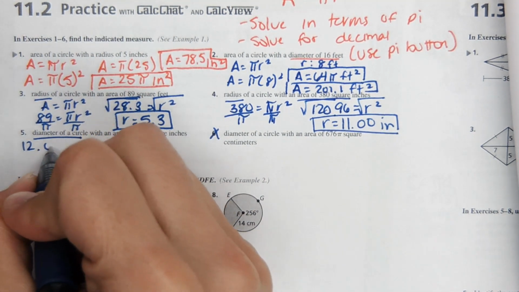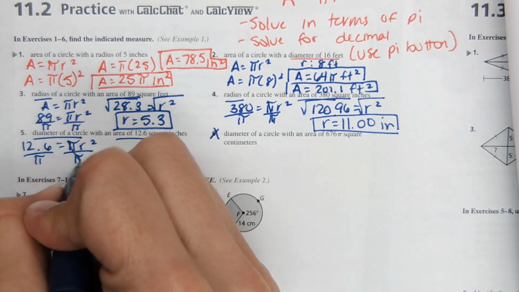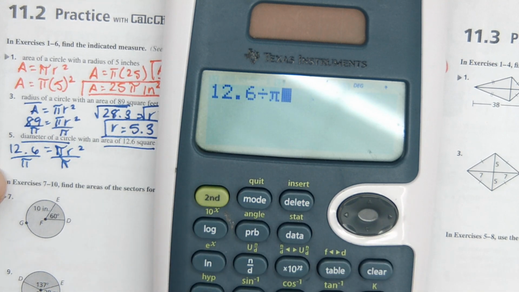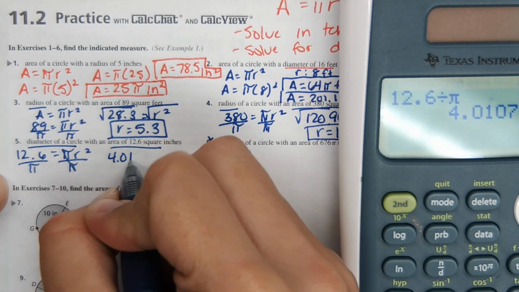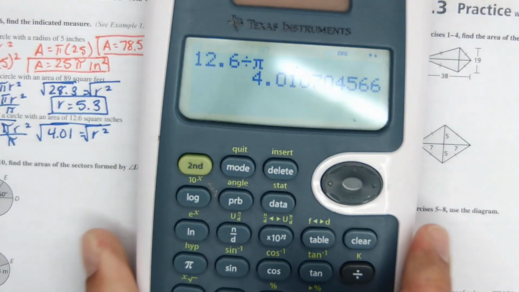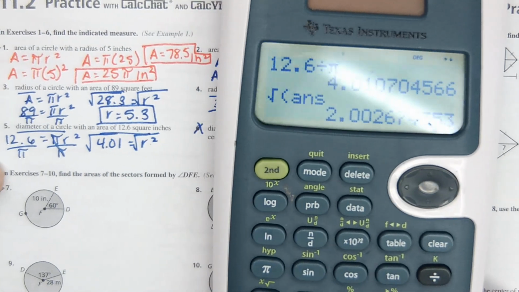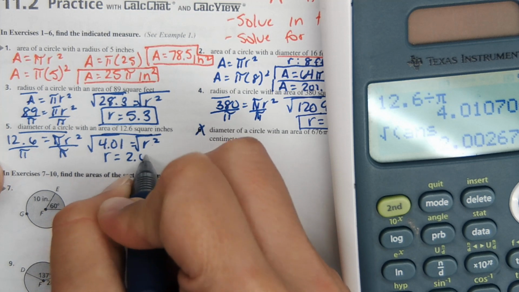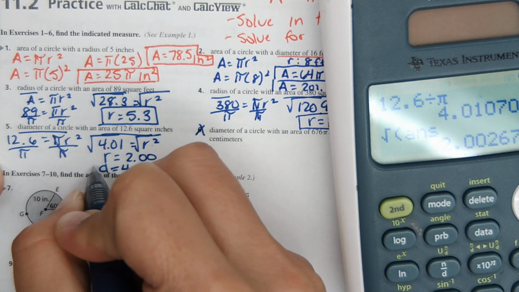So 12.6 equals pi r squared, divided by pi. And then diameter would be double that, so 4.00.